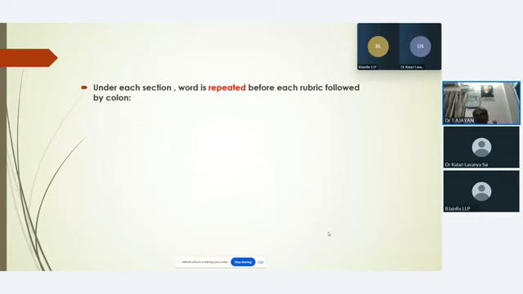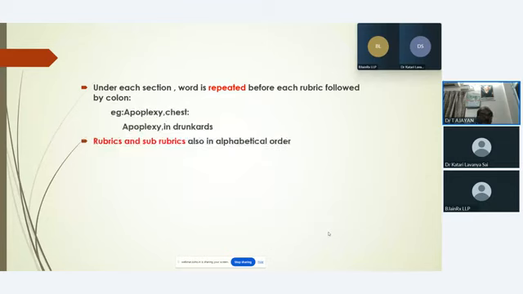That is another advantage. Then apoplexy chest, then apoplexy in drug guard, likewise. Before the sub-rubric, the main rubric, the chapter or section, is added again. Then rubric and sub-rubric are also again in alphabetical order.